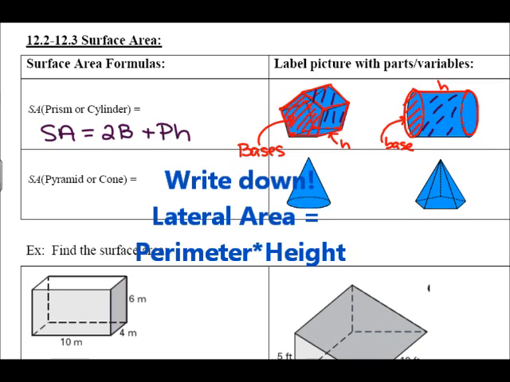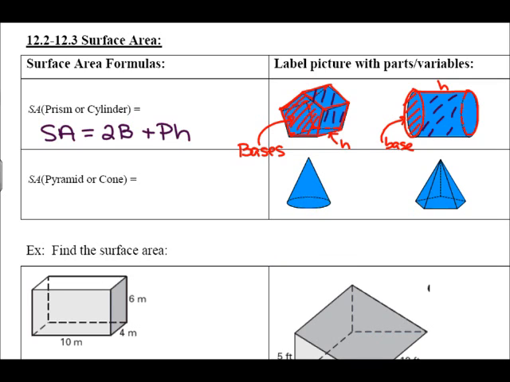cylinder. Just for a cylinder, your perimeter is the same thing as circumference, 2 pi r, and the area of the base is just pi r squared for a circle. Okay, so off to the side here, we're going to say that big B is equal to the area of the base, and then P is our perimeter of the base.